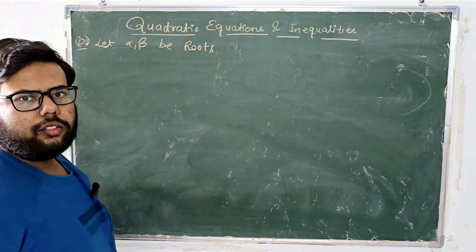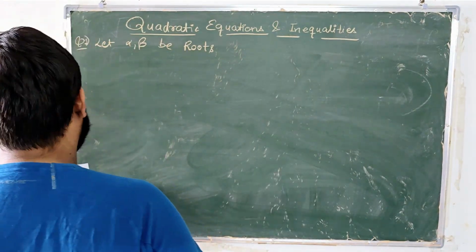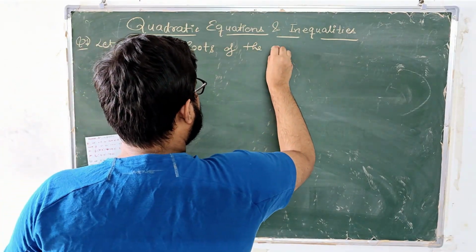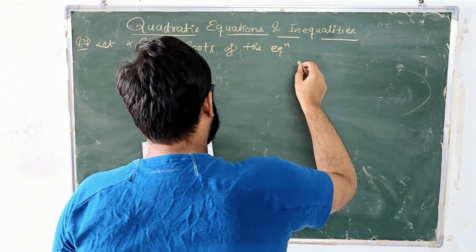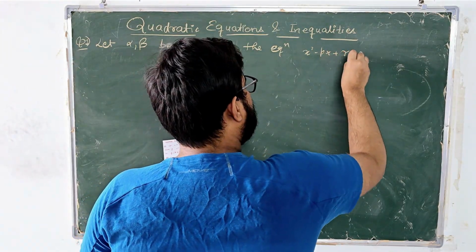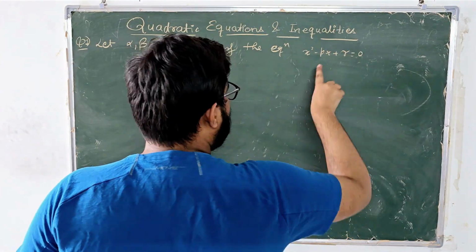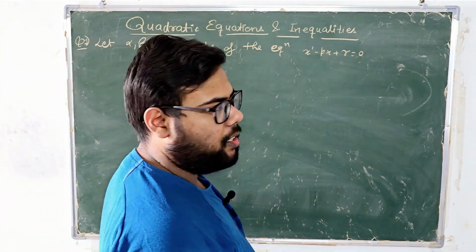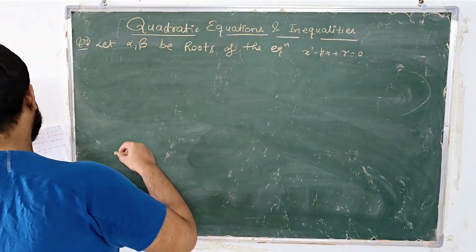Let's start with the first question. Let alpha, beta be roots of the equation x square minus px plus r is equal to 0. So alpha, beta are the roots of this quadratic equation, right? Okay.